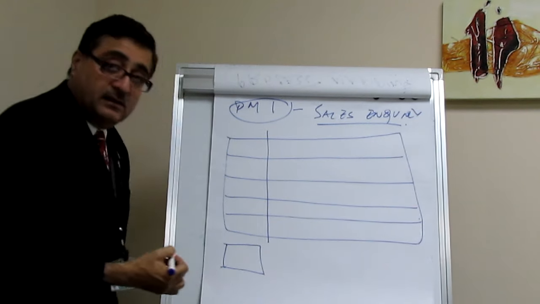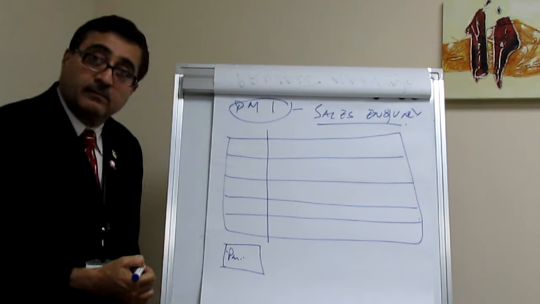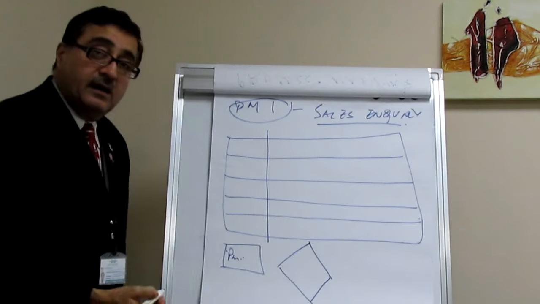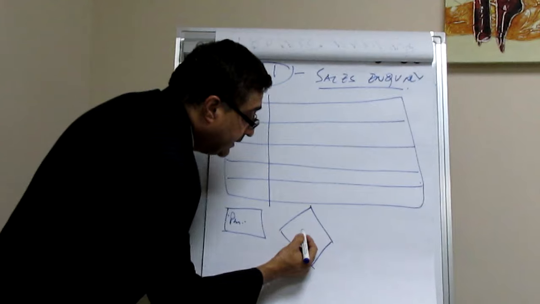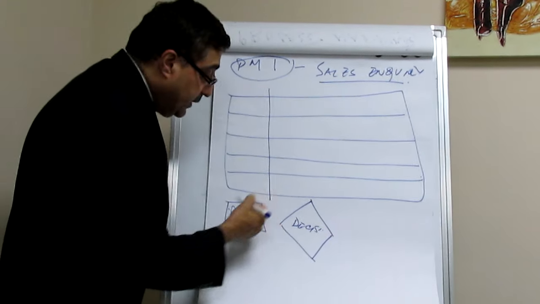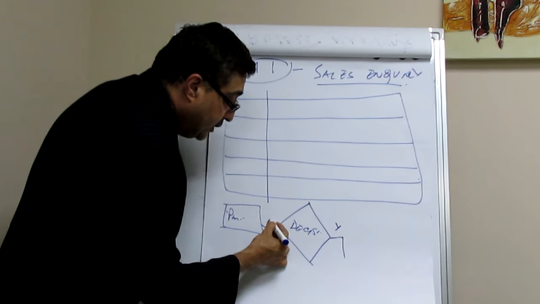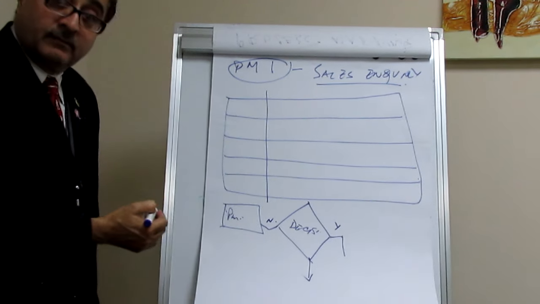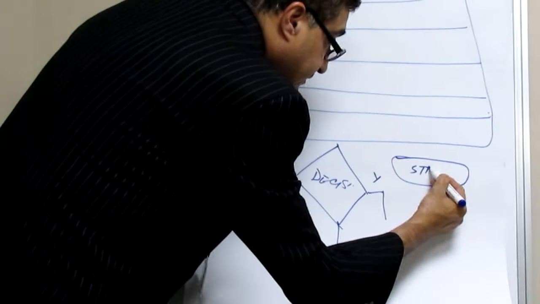A normal rectangle is a process. A decision is a reverse or a corner rectangle. This is decision making. Why is it like that? So that when a process comes, this way is yes and this way is no, and this way is the final decision. Normal ones are start buttons.